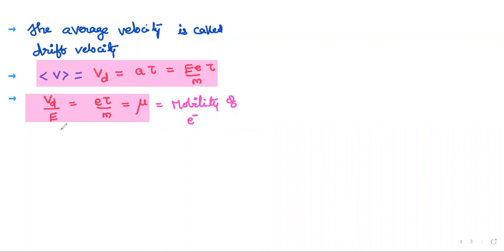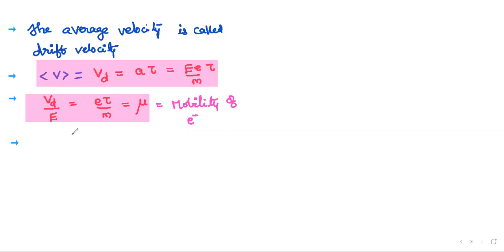After finding drift velocity and mobility, now we have to find what the current is and what the resistance is in terms of drift velocity.